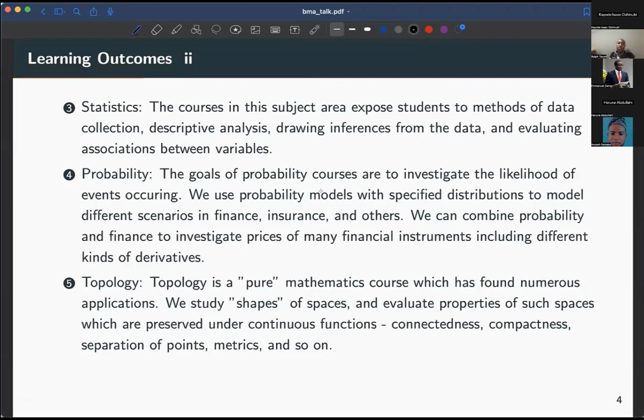And with probability, we're trying to look at the likelihood of events occurring. And if you want to go into detail, then you'd have to talk about things like probability measures, and then how do you create distributions? And you use that to model different scenarios. And for more advanced cases, you will look at derivatives pricing and so on, or quantities that vary stochastically.